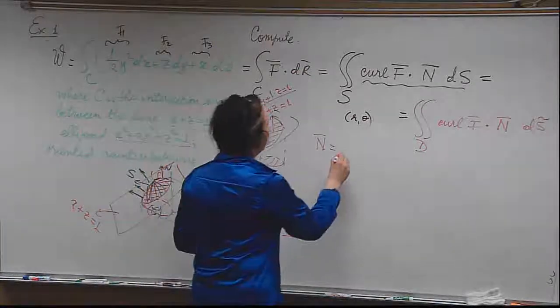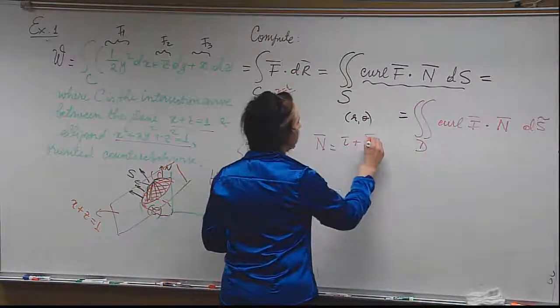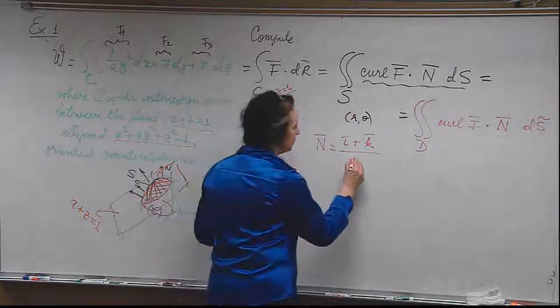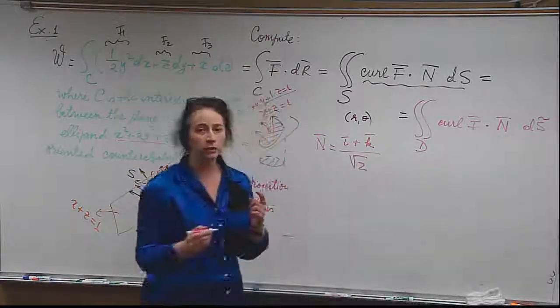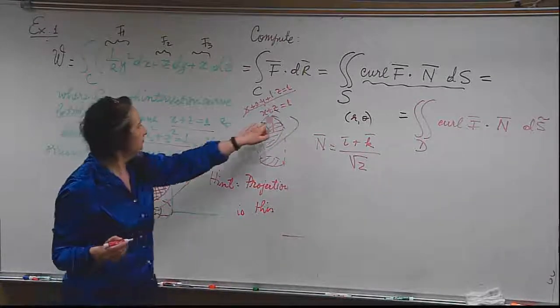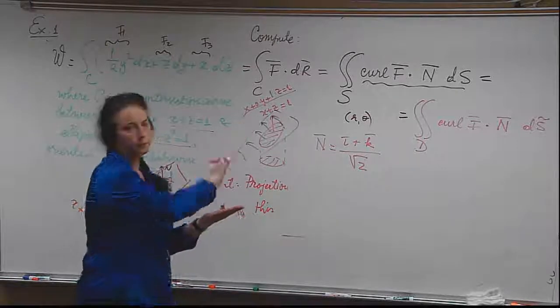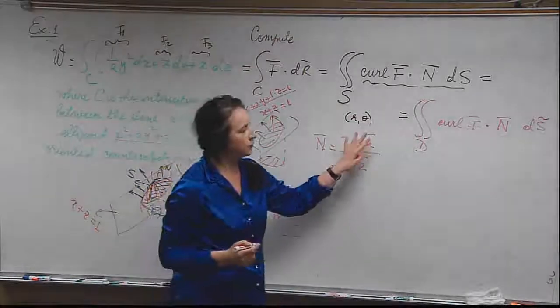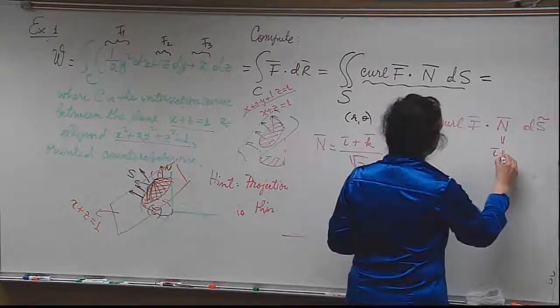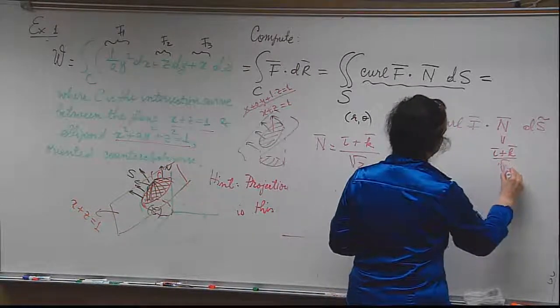I plus k, very good, but why does Xander say over square root of 2? Because, remember guys, that has to be a unit normal. We cannot take i plus k just for being perpendicular to the plane x plus z, because you need to normalize it. So he got i plus k over square root of 2.